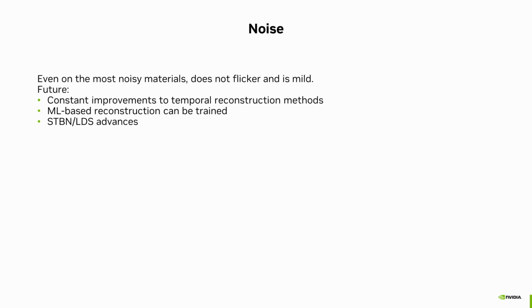Every year, we see amazing improvements in ML-based algorithms, and they are trained on data, and we can include those noisy frames in training datasets. Furthermore, we also see annual advances in better spatiotemporal blue noise patterns and other low discrepancy patterns that can be used to minimize noise before we even apply the temporal filter.